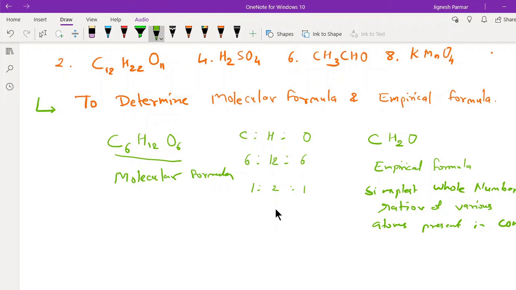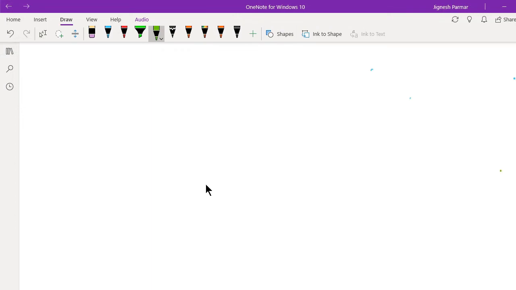It is problem number 1.2 given in our textbook on page number 19. So guys, let's find out how to calculate the empirical formula and molecular formula with the help of this example.